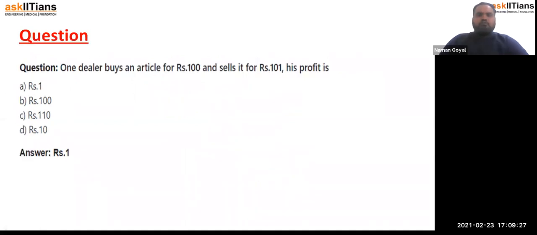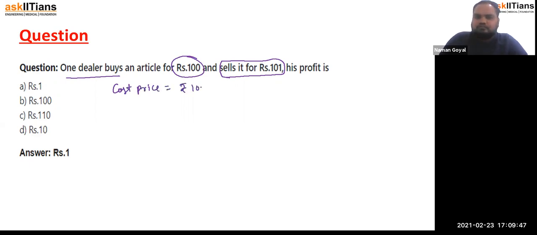Now, a dealer buys an article for rupees 100 and sells it for 101. Then his profit is? Now see, tell me what is the cost price? Rupees 100. A dealer buys an article for rupees 100, it means its cost price is rupees 100, and sells it for rupees 101.